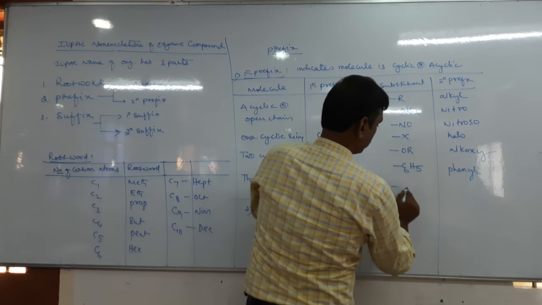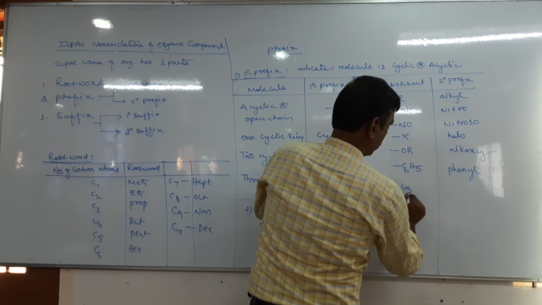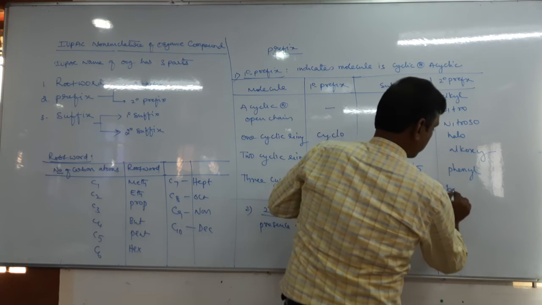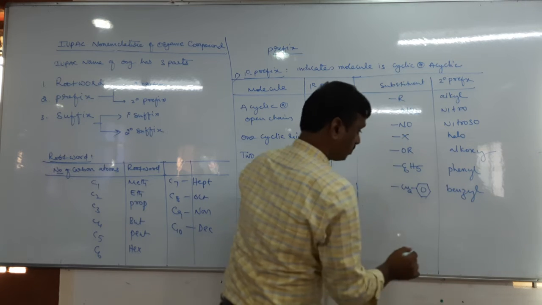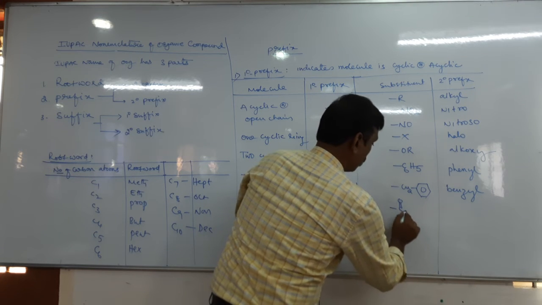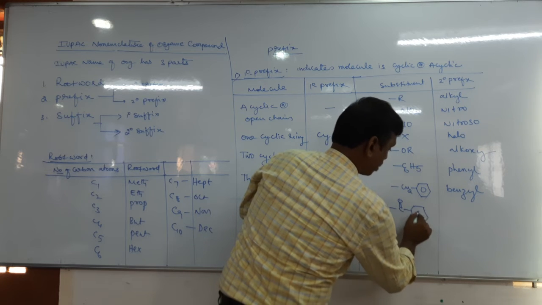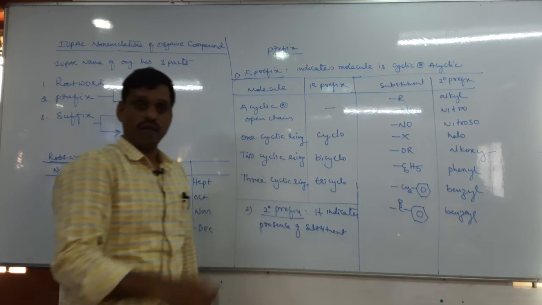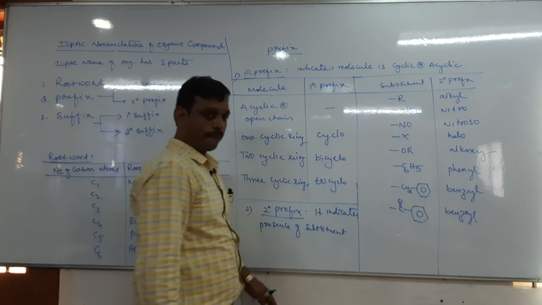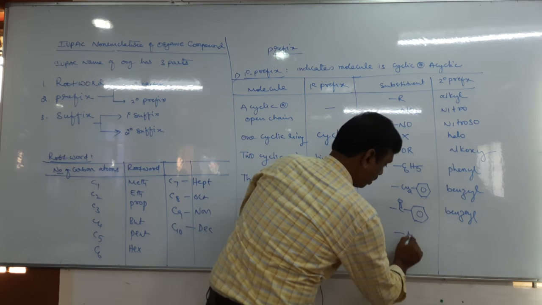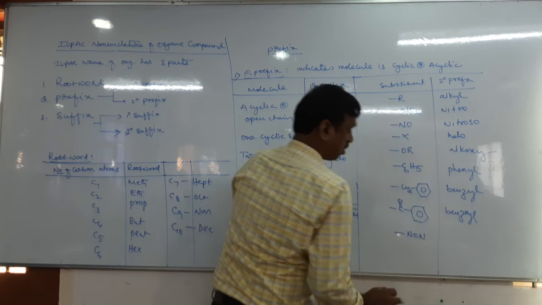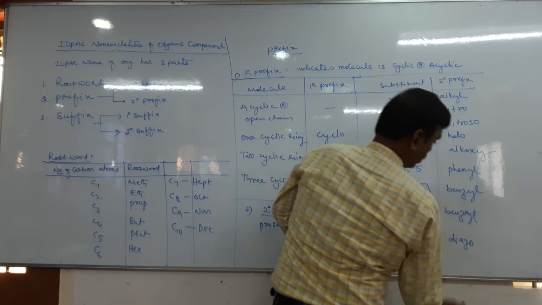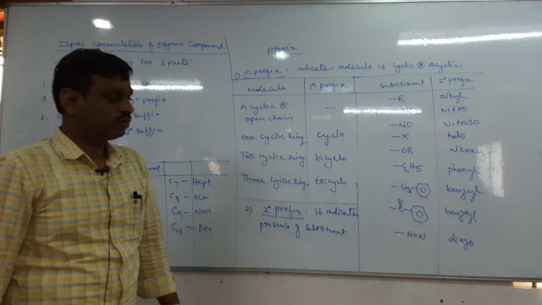If it is benzene having CH2, benzyl. If it is C double bond O with a benzene ring, it is benzoyl. See how different they are: benzyl, benzoyl. Next, if it is N double bond N, it is diazo.